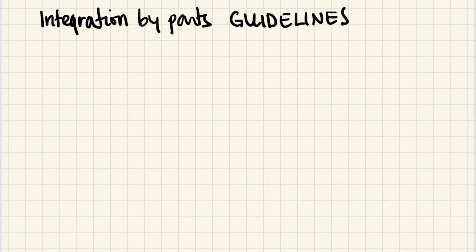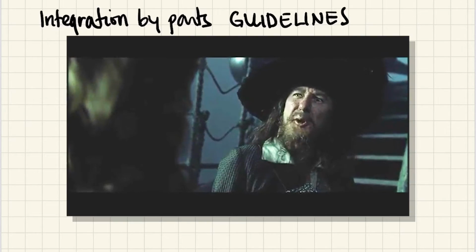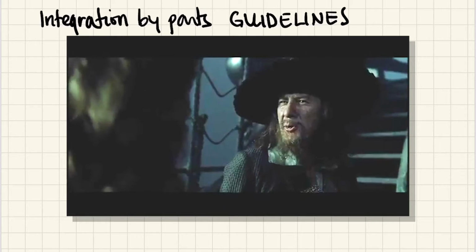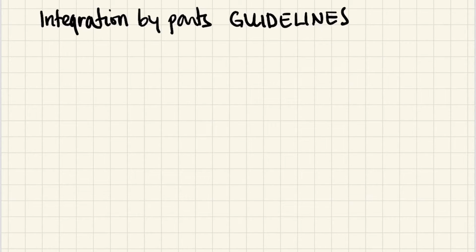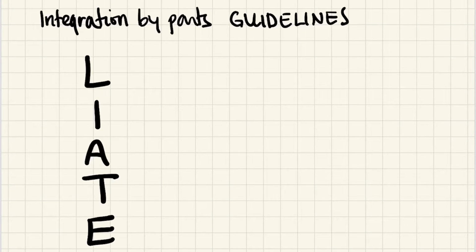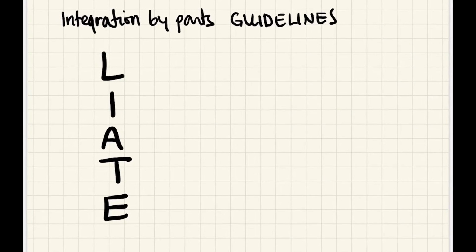All right, so let's firm up some really good guidelines for choosing u in integration by parts. More guidelines than actual rules. There's a really nice mnemonic here, LIATE, which helps you choose what should be your u. These all stand for different types of factors that might show up.